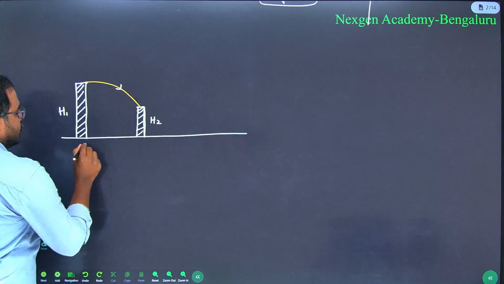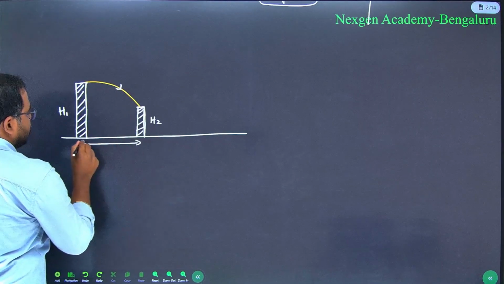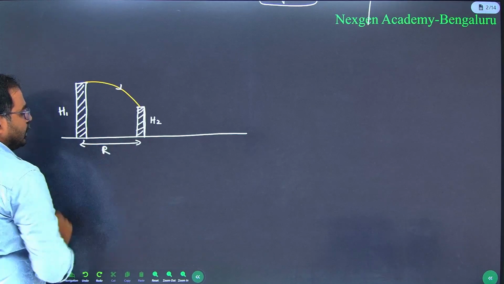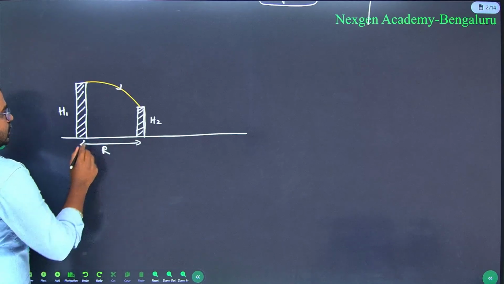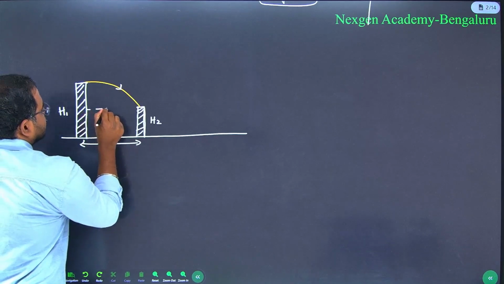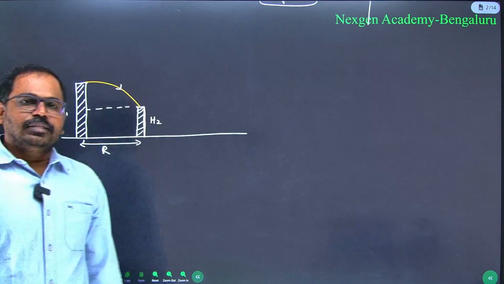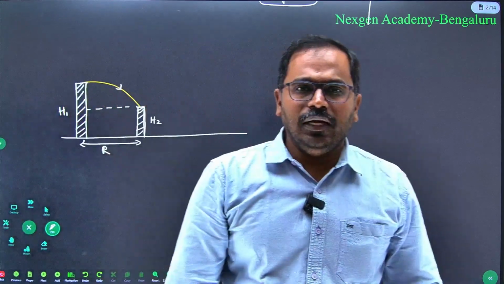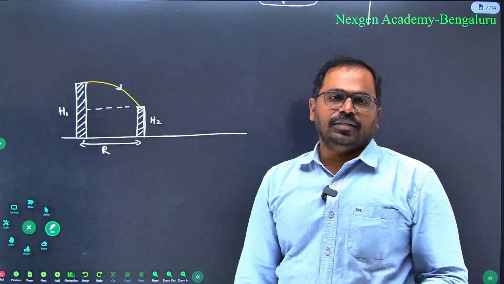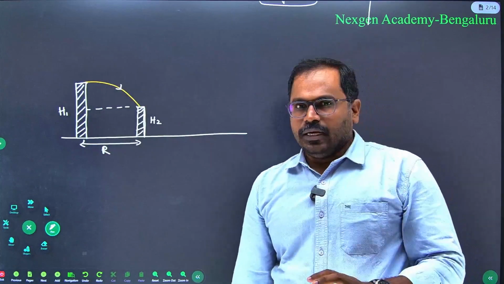Okay, so here the horizontal distance between the two buildings, let me take it as R. This R is the distance this body has to travel. Now what is the height difference between the two buildings? That height difference matters here, not the height of the building.